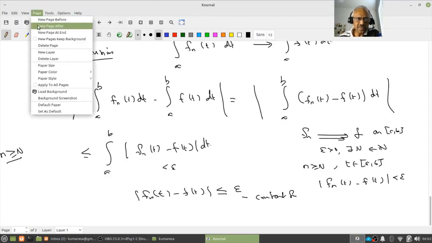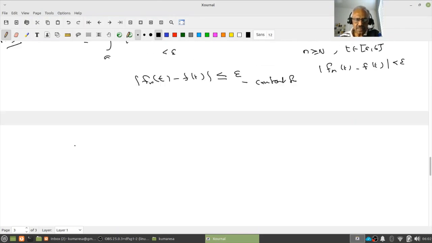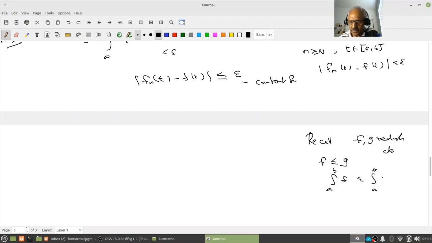By monotonicity of the real integral, recall: if f and g are real valued, continuous on the interval [a, b], and f is less than or equal to g, then the integral from a to b of f is less than or equal to the integral from a to b of g. I am going to use that. Therefore this is less than or equal to the integral from a to b of epsilon, which is epsilon times (b minus a).